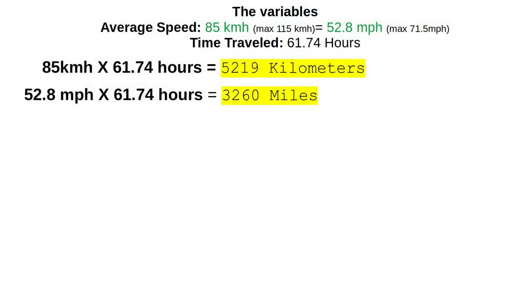So with that, we can then start calculating some variables. So they gave us the average speed of 85 kilometers per hour or 52.8 miles per hour. And that is for a passenger train.